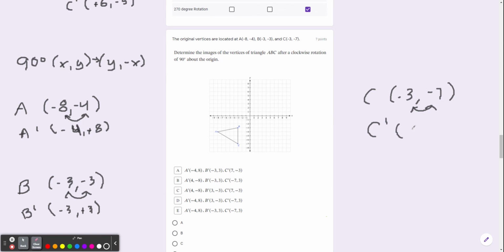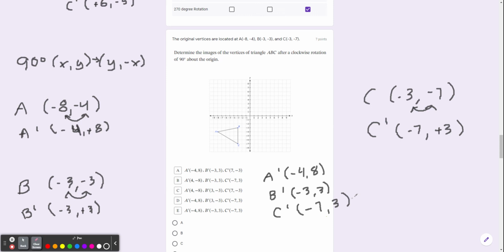So 7 comes to the front, negative 7, negative 3 goes to the back. And then again, my x is supposed to be opposite, so that becomes a positive 3. So the points I'm looking for are A prime at negative 4, 8, B prime at negative 3, 3, and C prime at negative 7, 3.